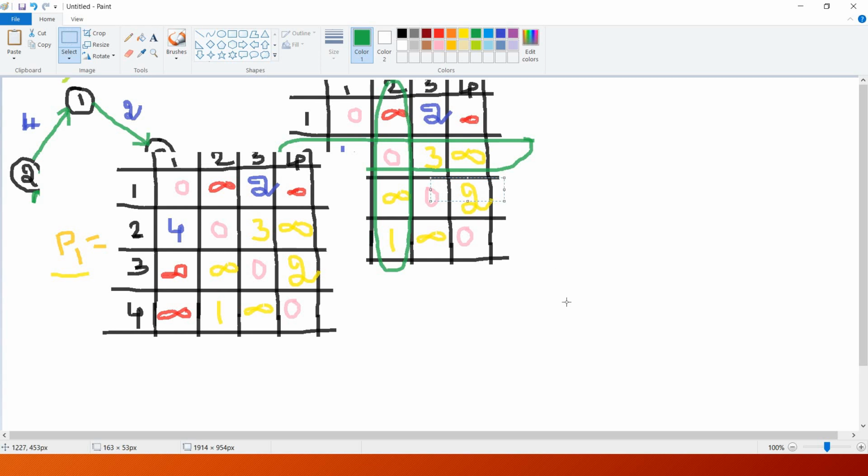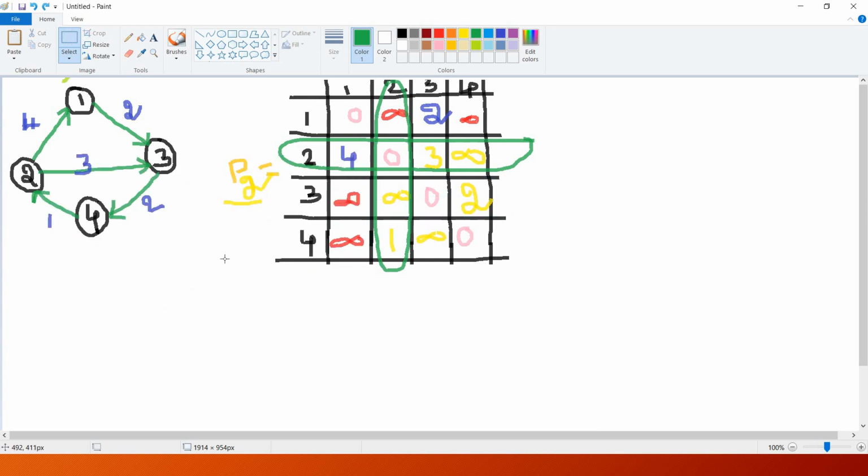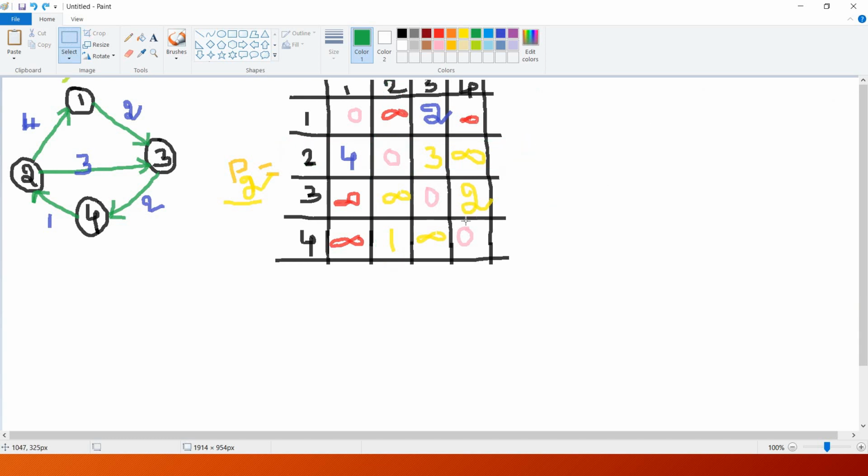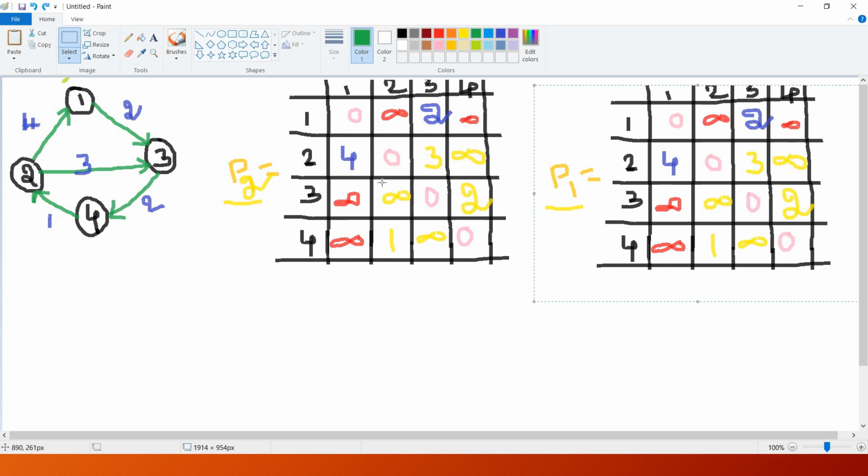So this is the original matrix. This is P1 and this is P2. So from P1 I have to take P2. Do remember this point. From P1, I have to keep the second row and second column the same.